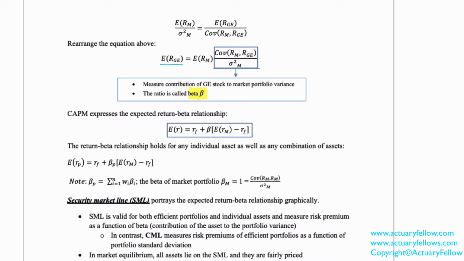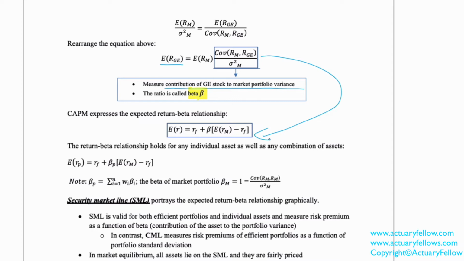It measures GE's contribution to market variance. We just derived the CAPM equation, the relationship between the expected return and beta. The expected return is the sum of the risk-free rate and beta times expected market risk premium.